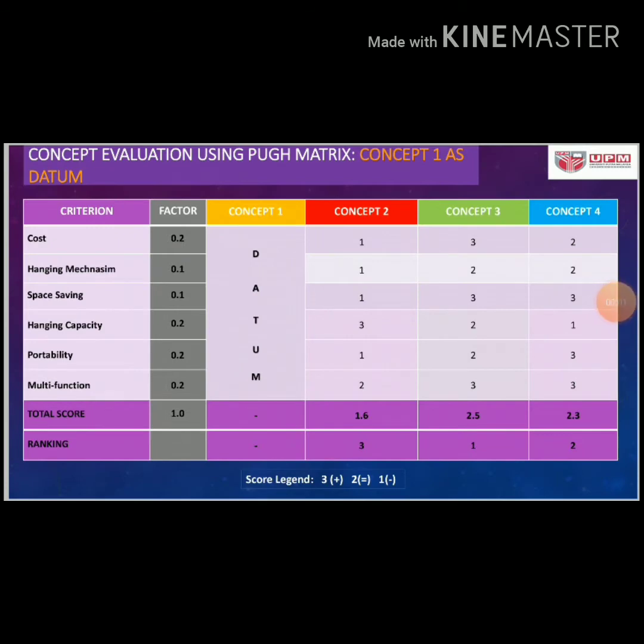With the different weightage numbers, it shows that hanging capacity is more significant than the space saving criterion.